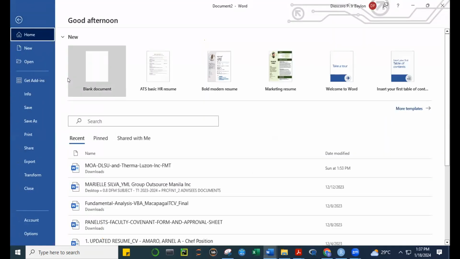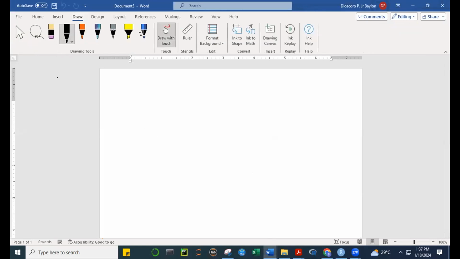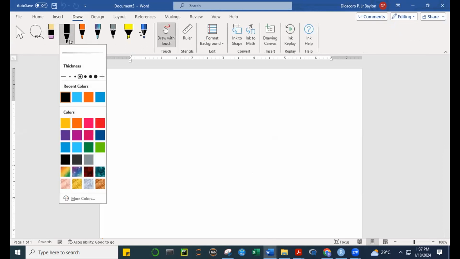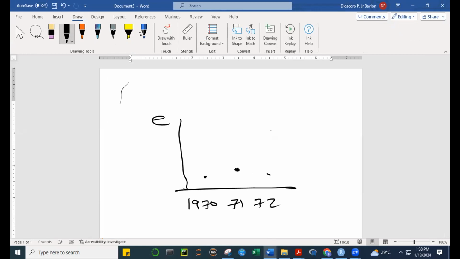So okay, let me open another one. So I was saying, class, with time series, 1970, 71, 72, etc. If we plot the residuals E, for example, this is the amount of residuals.